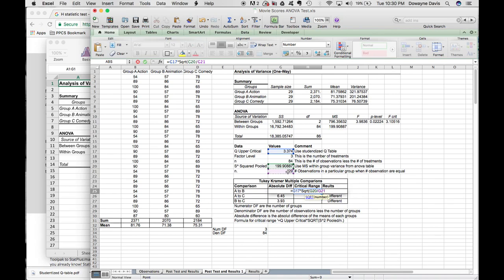And in this case, my number of observations are all equal for all of my groups, so I can actually run this test.